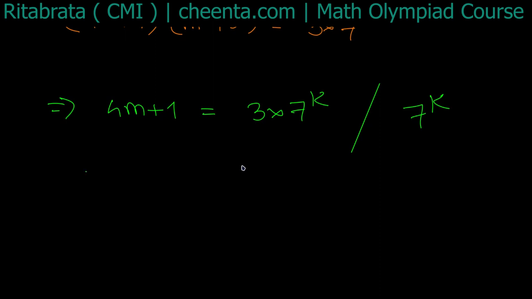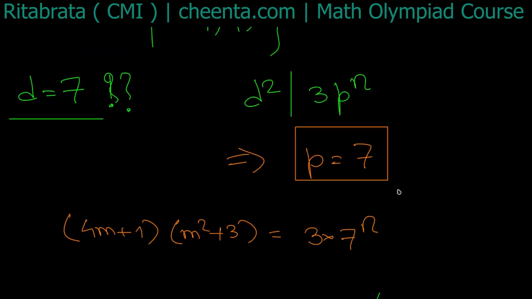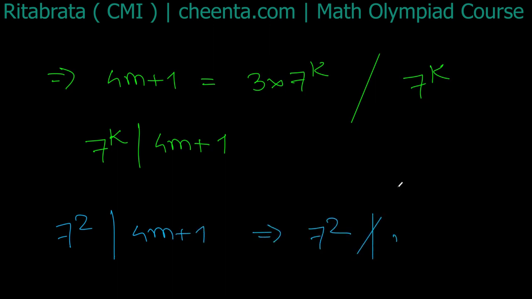Because we know that 7 to the power k divides 4m plus 1. But we need to see that as GCD of this, it is just 7. If 7 square divides 4m plus 1, that would imply that 7 square does not divide m square plus 3, because the GCD is just 7.